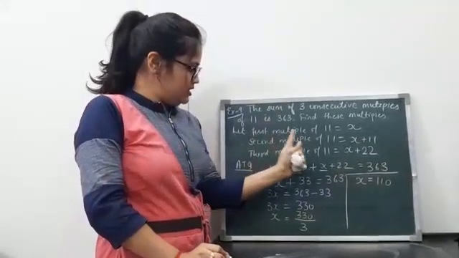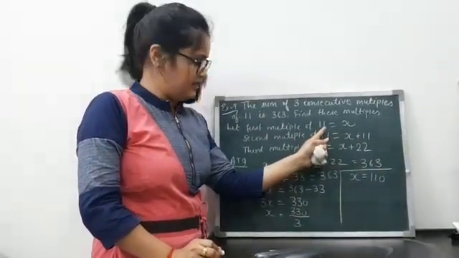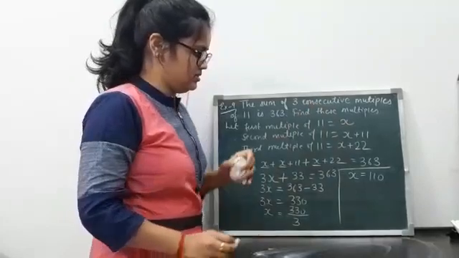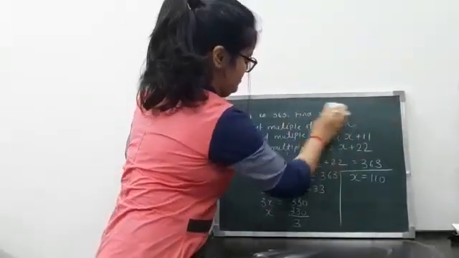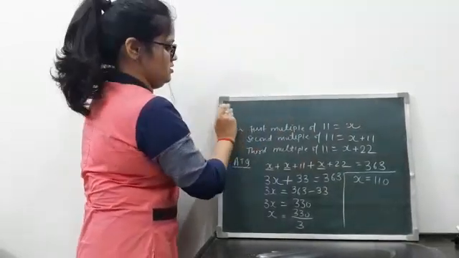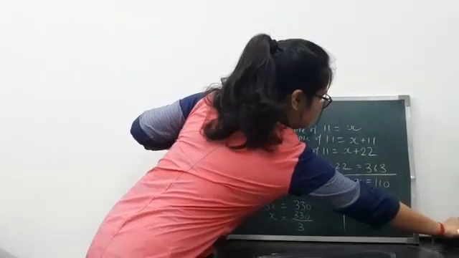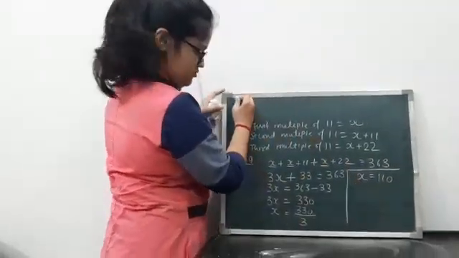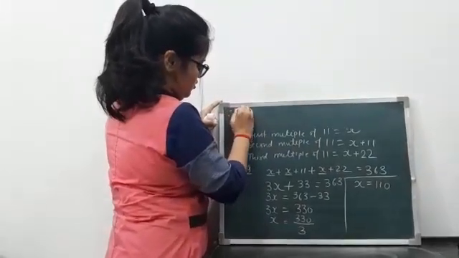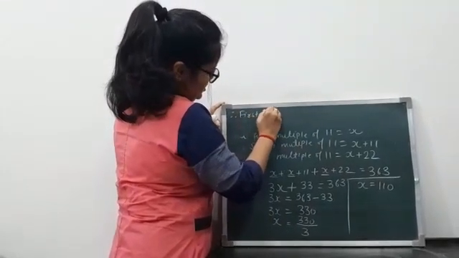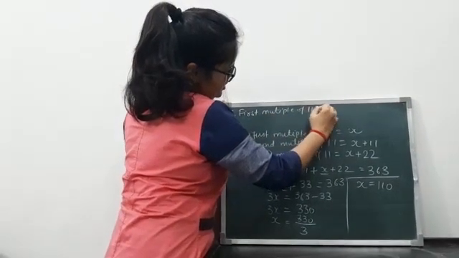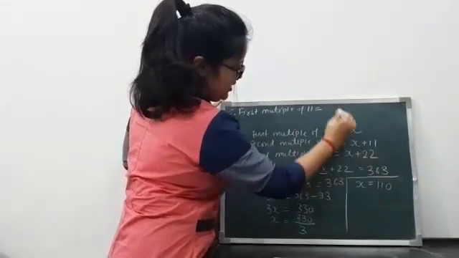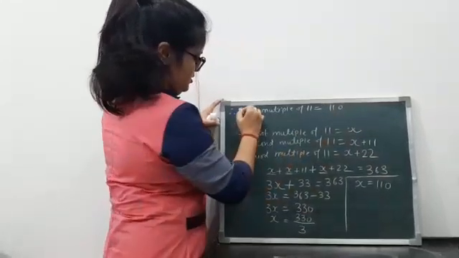And see, the first multiple of 11 that I had taken was x. So after this step you have to write: therefore, the first multiple of 11 is equal to the value of x, which is 110.